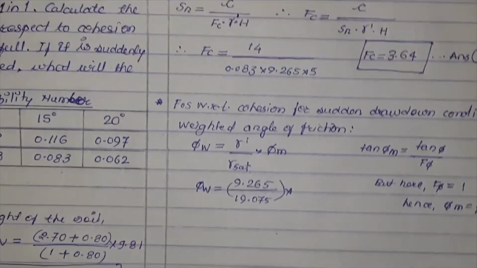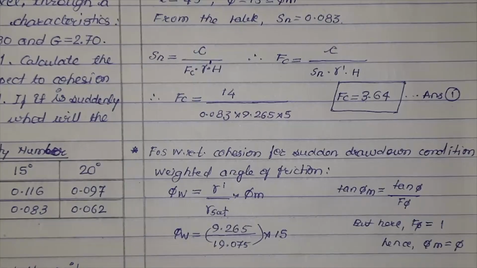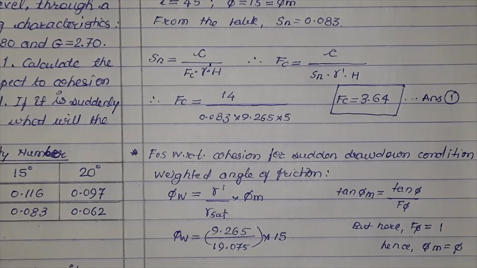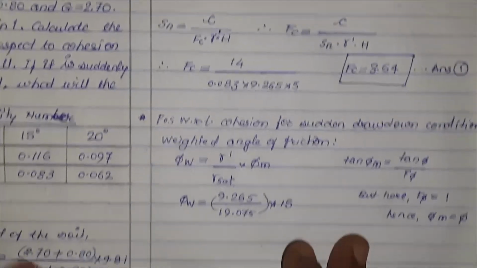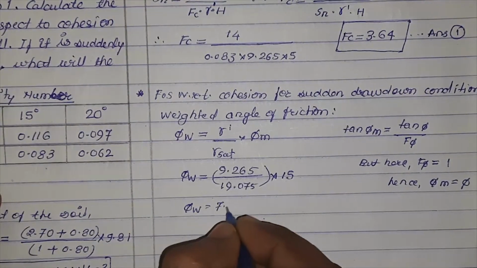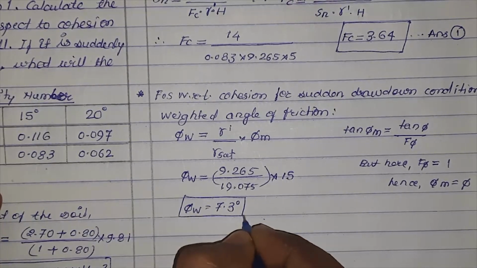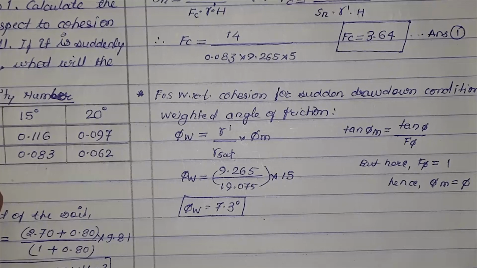In our case, phi m is 15 degree. Solving this, we will be getting phi w. Phi w comes out to be 7.3 degrees. So this phi value we will use to get this stability number.